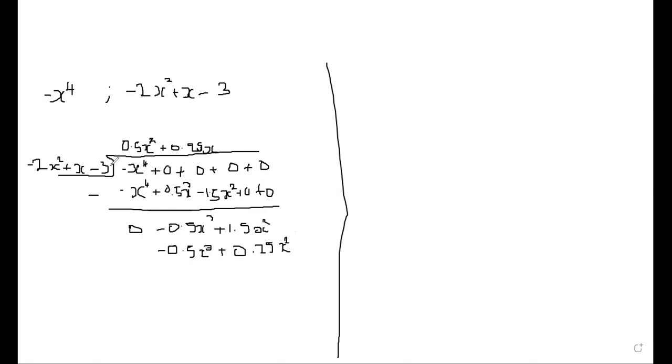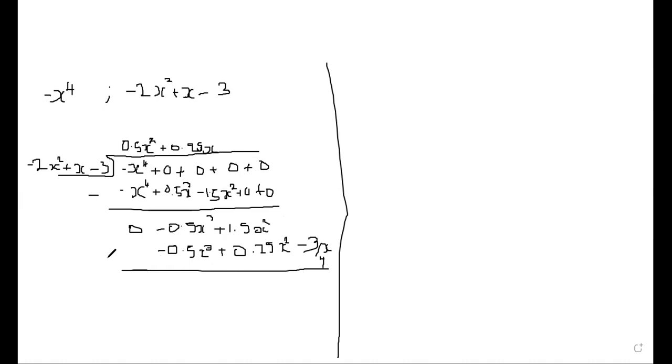Then this guy, that's 1 over 4 times 3. I'm going to use fractions. This is going to be 3 over 4x, which is 3 over 4 in decimal notation.